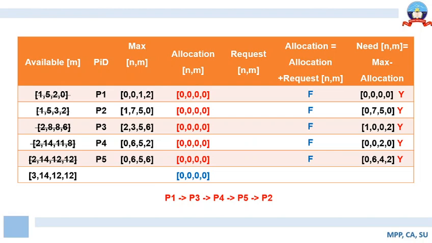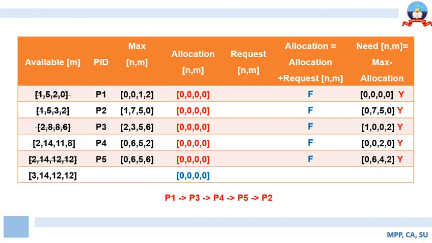So here what we had done, we had taken 4 resource types, we had taken 5 processes, we had defined max, and then we tried to allocate the requested instances of resources to the individual processes.